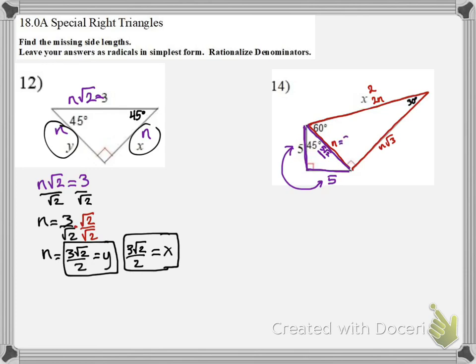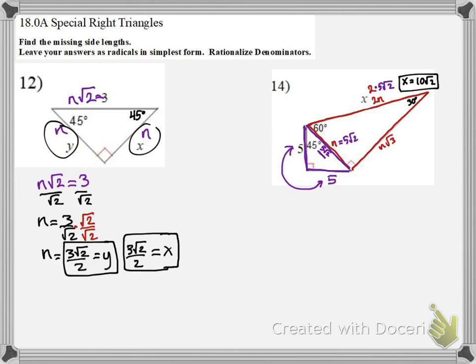And that short leg is 5 root 2. So 2 times 5 root 2 means that I'm going to end up thinking my x is 10 root 2. Nothing I can simplify. That becomes my final answer.